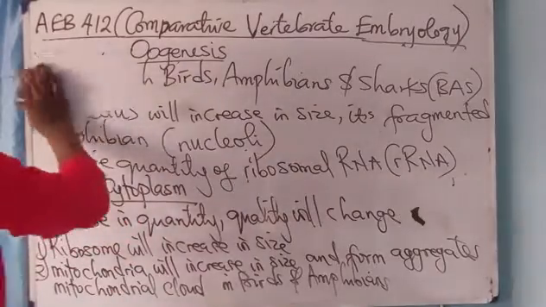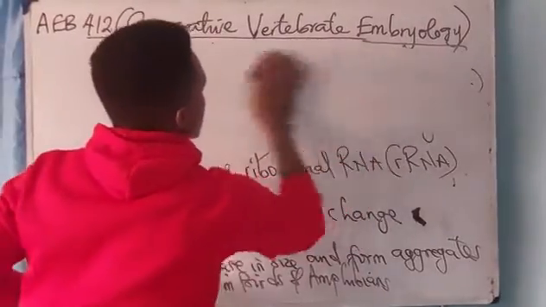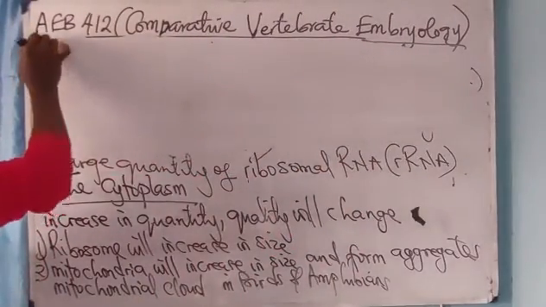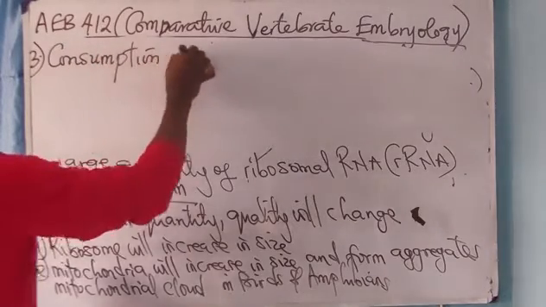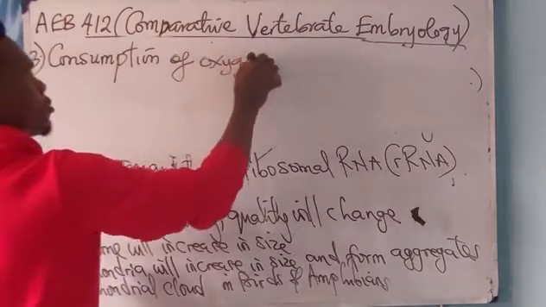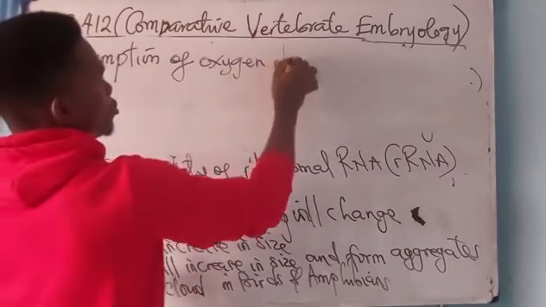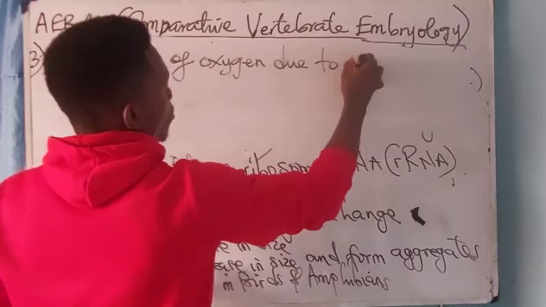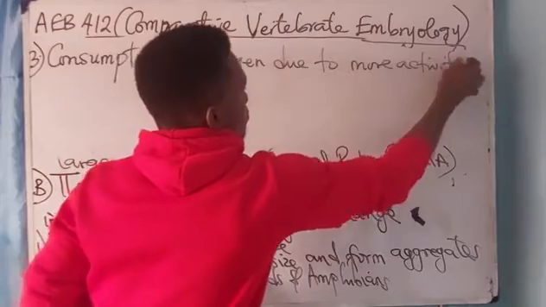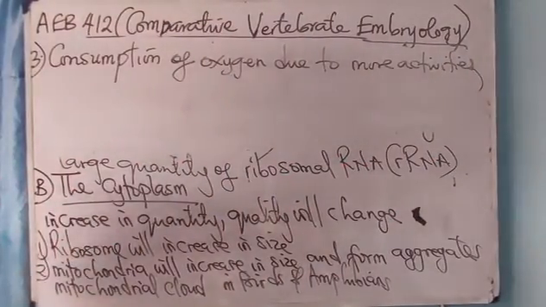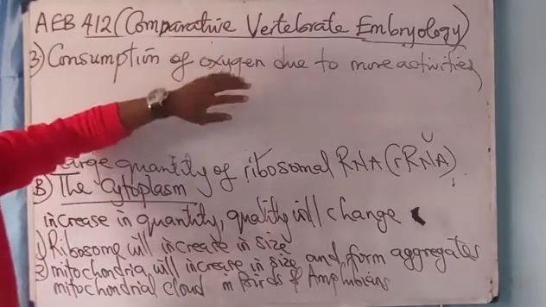Number 3, the step that occurs in the cytoplasm is consumption of oxygen due to more activities, which means that an increase in activity will trigger the consumption of more oxygen.